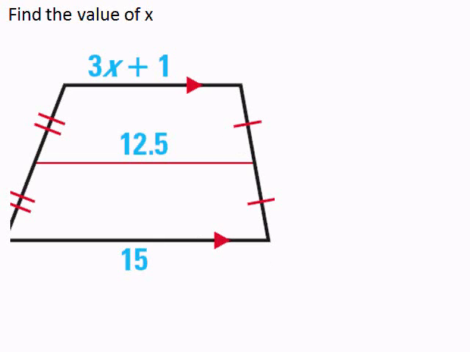Now, what facts do we know about trapezoids that are going to help us find the value of x? We know that, again, there is only one set of parallel sides. We also know that the midsegment is the average of the base lengths, and the midsegment is parallel to the base lengths. The property we're going to focus on is the fact that the midsegment is the average of the base lengths.